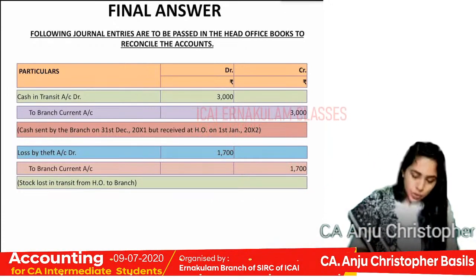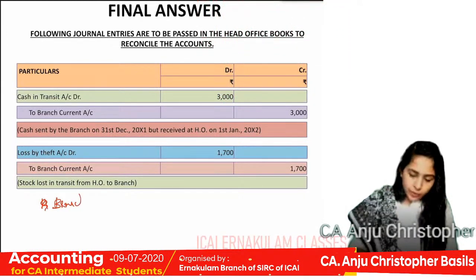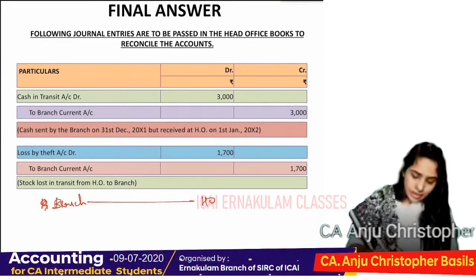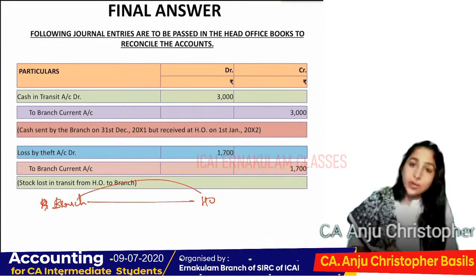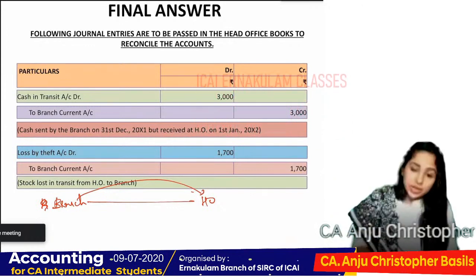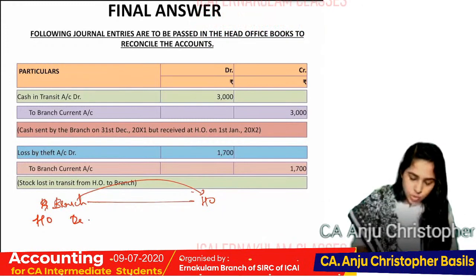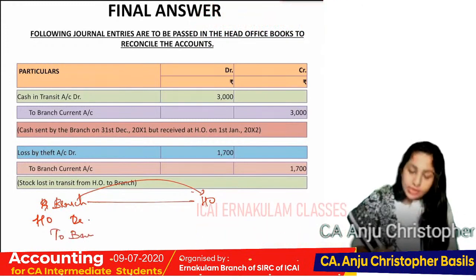Okay. So the first one, listen. We have branch over here and we have head office over here. So from branch, this was transferred. The money is transferred. So when branch transfers, what will be the journal entry that they will pass? HO account debited to bank. Yes or no?